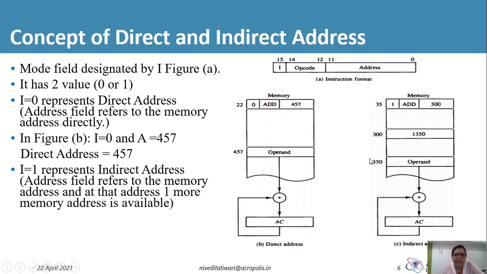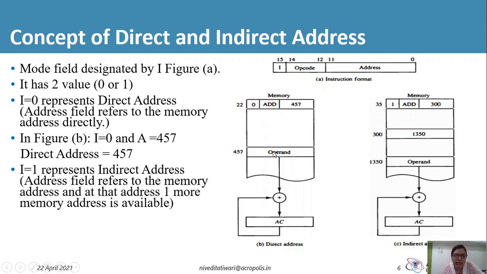Whenever the bit value of I is equal to 0, the memory refers to the direct address. The direct address in the address field means that this address value refers to the memory directly.